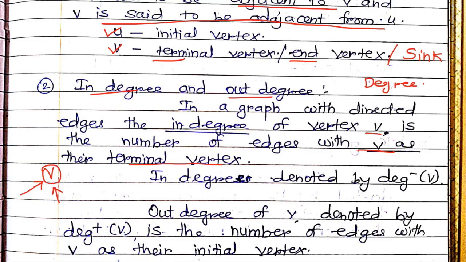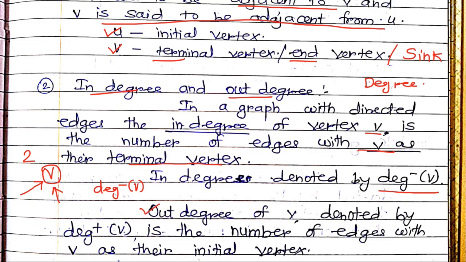Here the in degree of v is 2 because there are two edges coming to v. The in degree is denoted by deg minus of v.